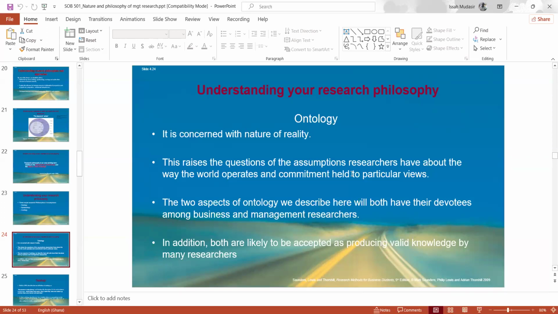The other aspect of ontology that we usually give as an example relates to truth. What is truth? You can have up to 3 people giving different sides of a story, and all of them are saying that they are telling the truth. What it means is that these 3 people have different realities.